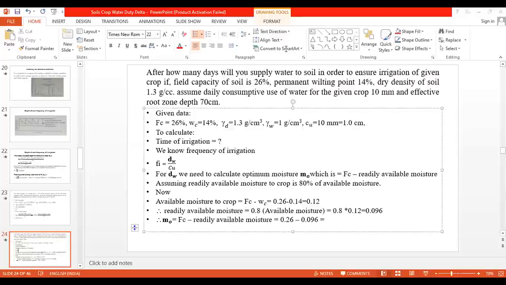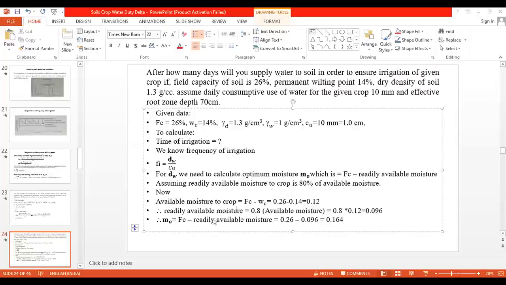Just check it, what is the answer? 0.26 minus 0.096. This is 0.164.